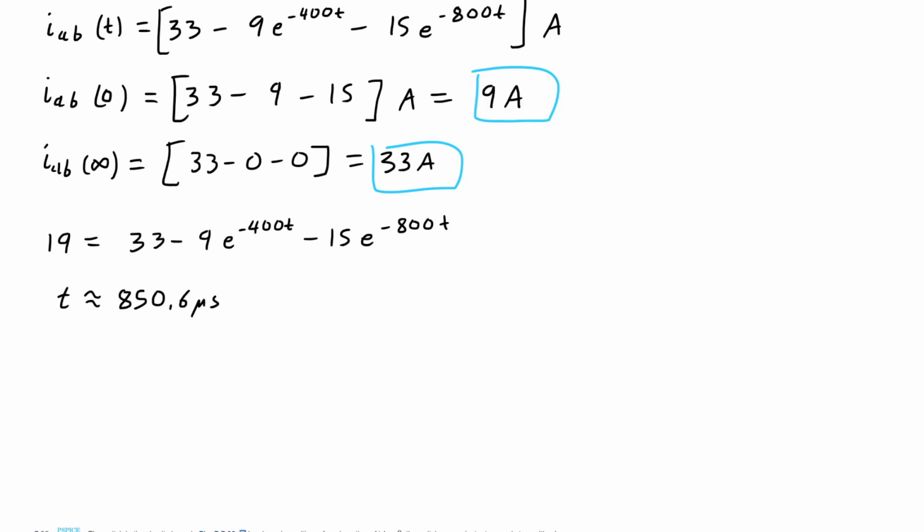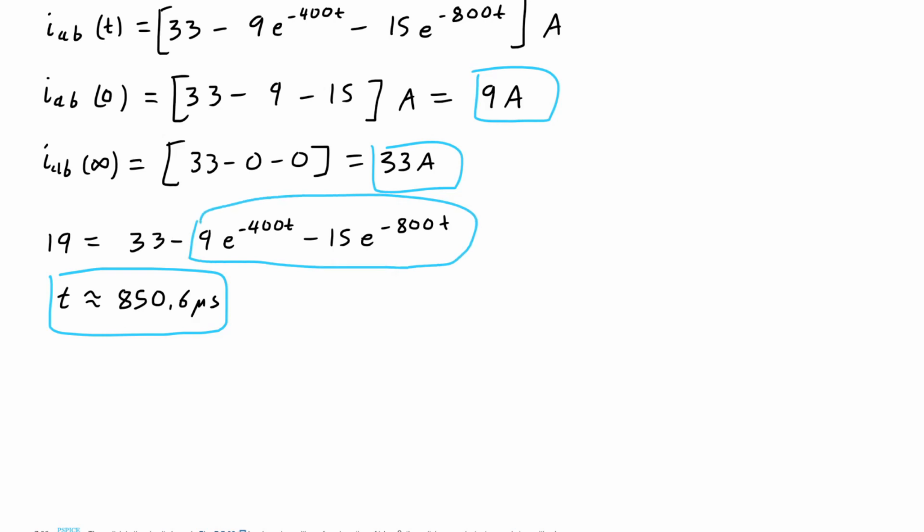Now, that basically means that at this instant in time, the total current flowing through these inductors is equal to 14 amps, because 33 minus 14 is 19.